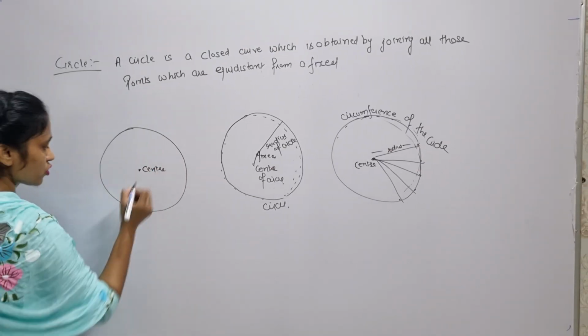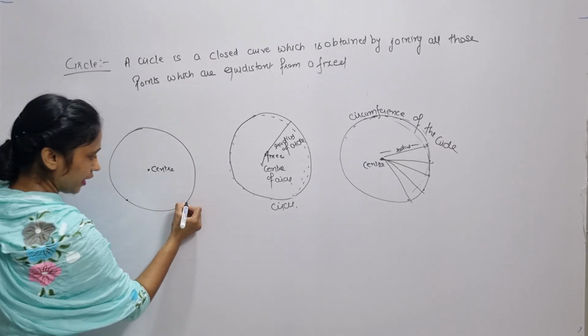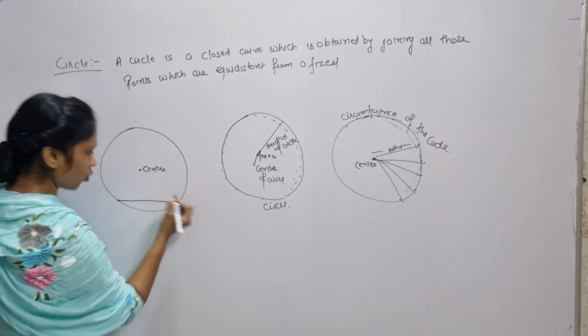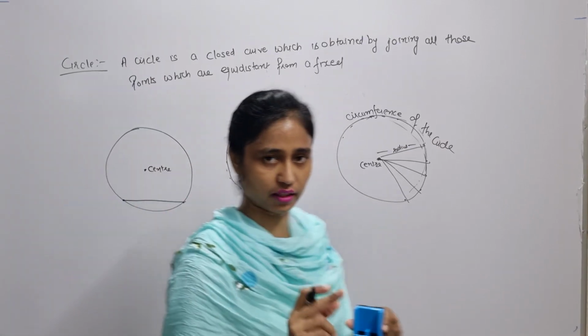Okay, so a line obtained by joining two points on the circumference of the circle.